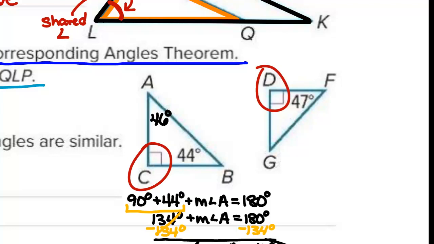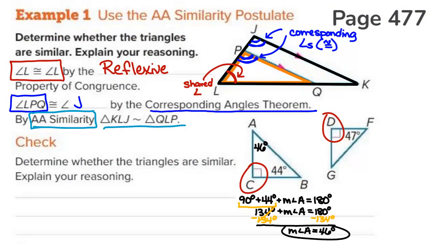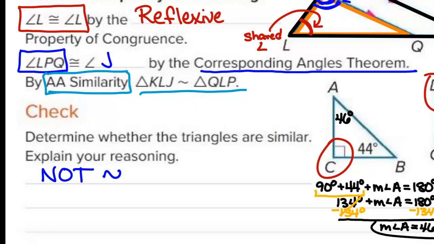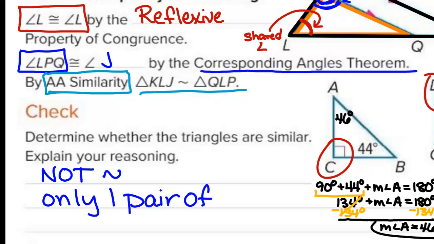I only need to check that 2 of them are congruent. So since 46 is not the same as 47, and 44 is not the same as 47, these triangles are not similar. There's only one pair of congruent angles.